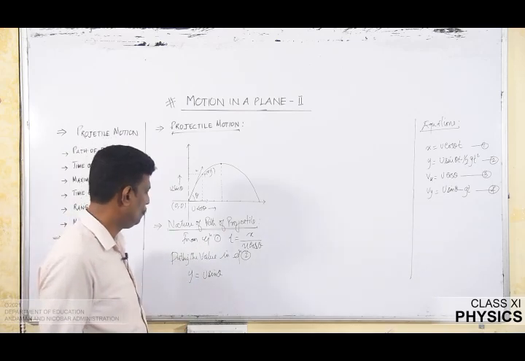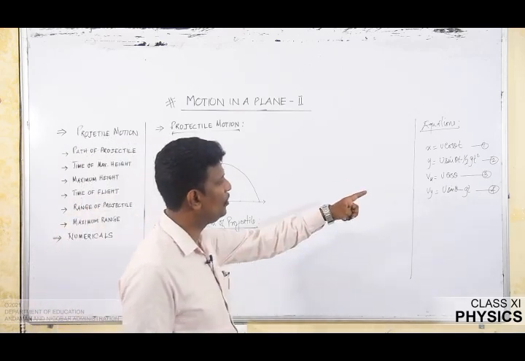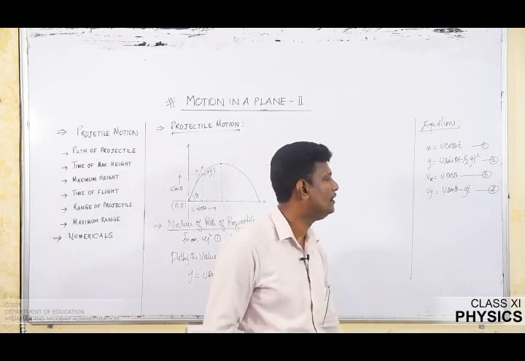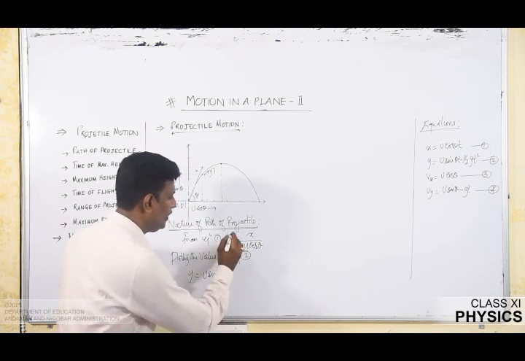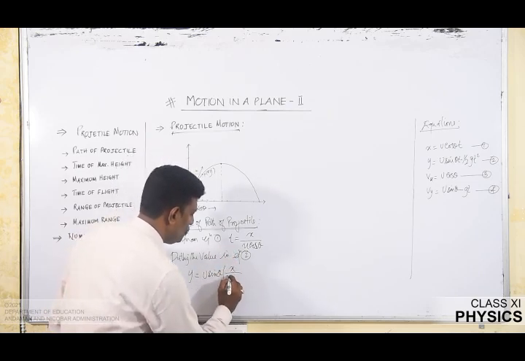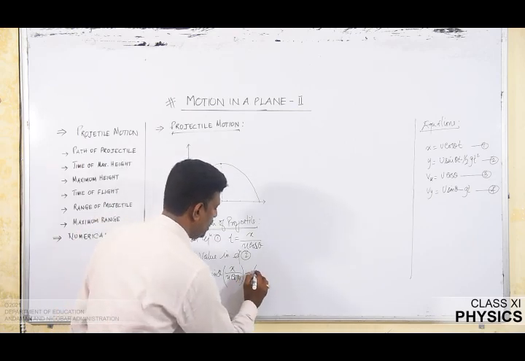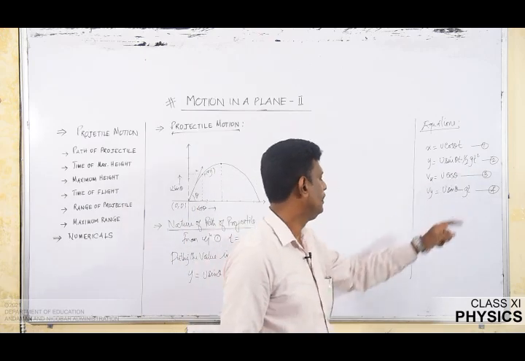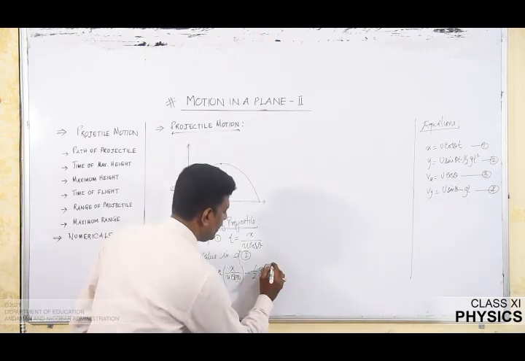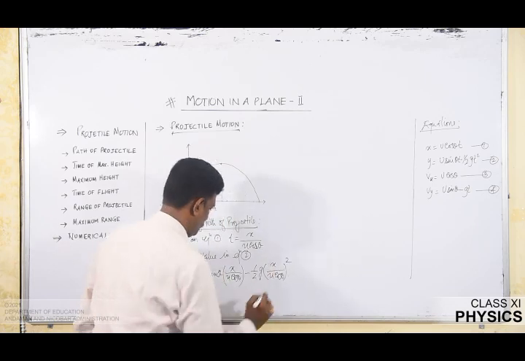Putting the value in equation 2, what we will be getting, y is equal to u sin theta t minus half gt square. U sin theta, in place of t we can put x by u cos theta, minus half g, in place of t, again we will put x by u cos theta square.